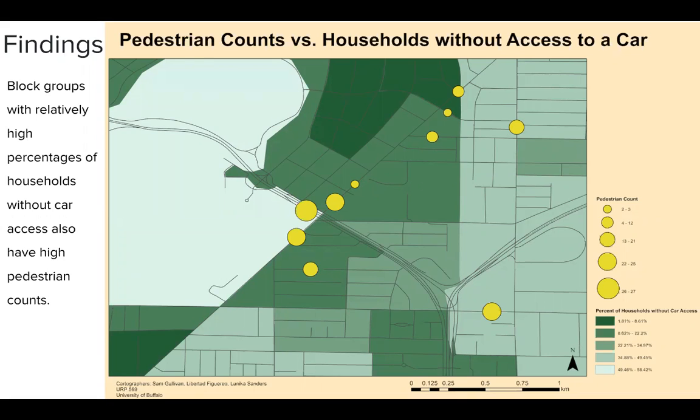When comparing pedestrian counts to households without access to personal vehicles, we find that block groups with relatively high percentages of households without car access also tend to have high pedestrian counts. This is seen on the map, where the block groups in the western and eastern portions of our study area have relatively high percentages of households without car access, yet also have relatively high pedestrian counts.